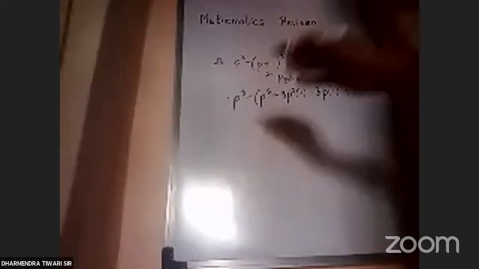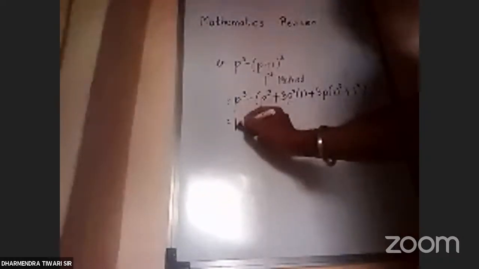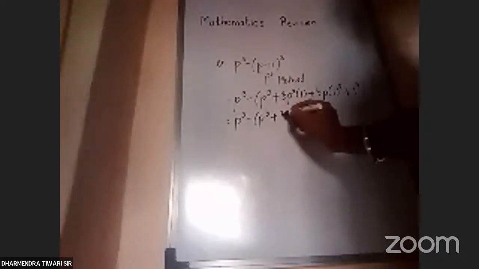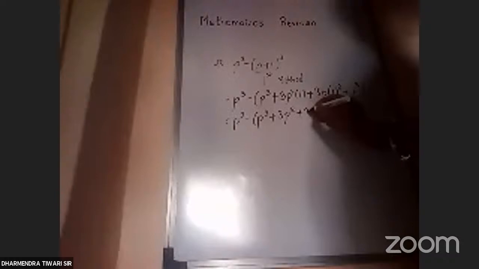So this is p cube minus p cube plus 3p square plus 3p plus 1.